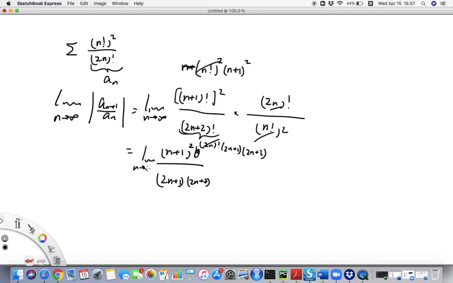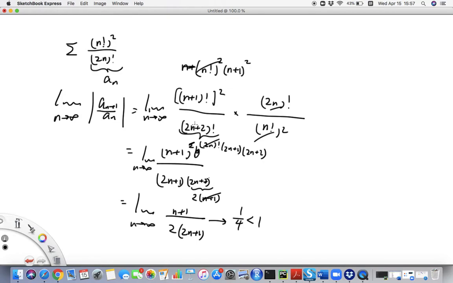Limit as n goes to infinity. And so 2n plus 2, that's 2 times (n plus 1), right? So you can cancel another (n plus 1) with that. So that's the limit as n goes to infinity of (n plus 1) over 2 times (2n plus 1). So this limit goes to 1 over 4, which is less than 1. So by the ratio test, this converges.